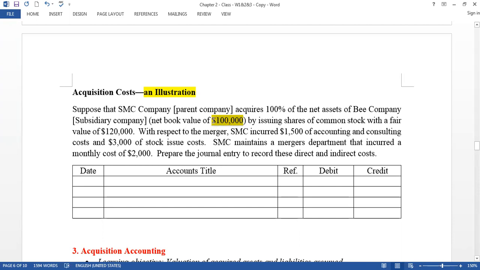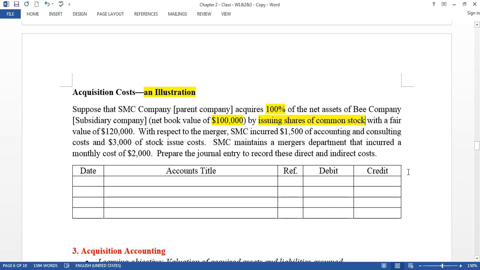And we are going to acquire them 100%, but we are not going to pay any cash. We are going to issue them our common stock. What is the meaning of our common stock? It means the parent company's common stock, right?